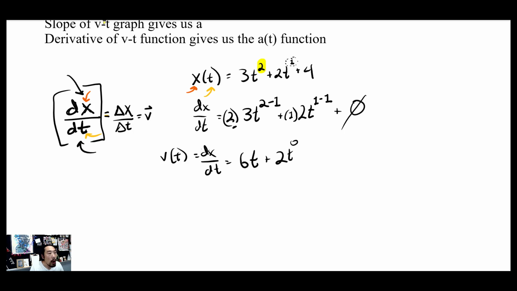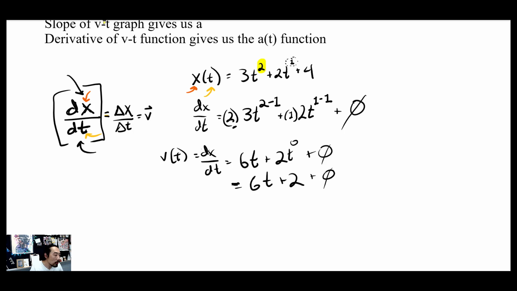Now for this, t to the 0th power, hope you all know what that is. Okay, that is a 1. So what we end up with here, if we were to clean this up even more, it'll be 6t plus 2 times 1, which is just 2. And of course, we have this lagging 0 back here.